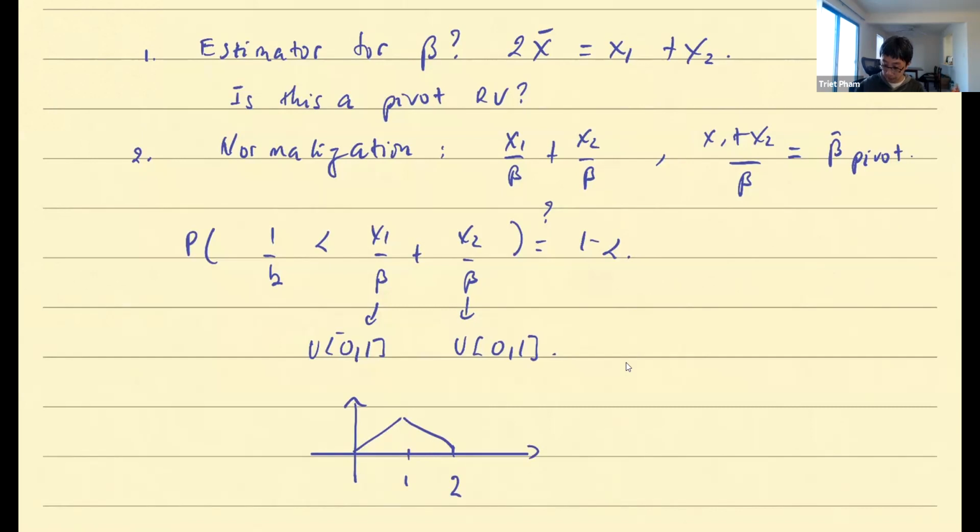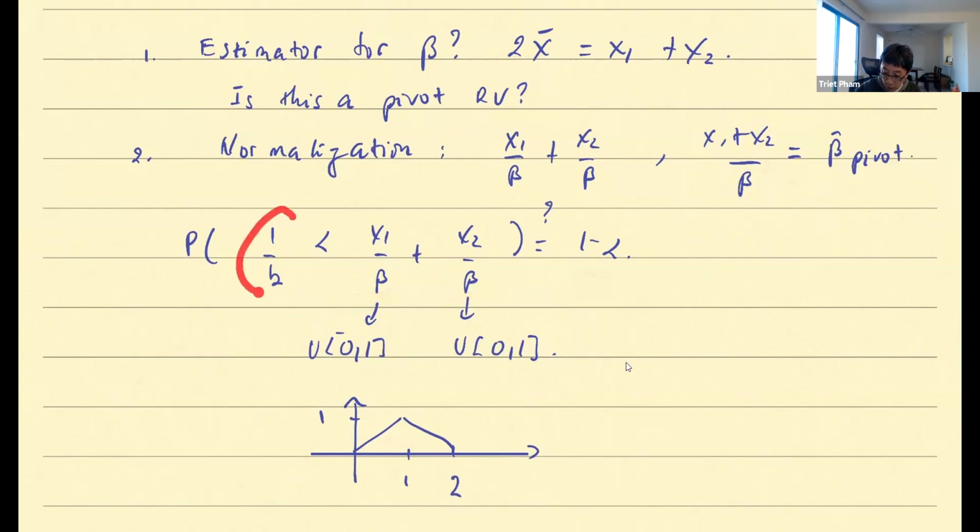What's the height? The total area must be 1, so base times height divided by 2, exactly the height square. So then what is this question asking you?